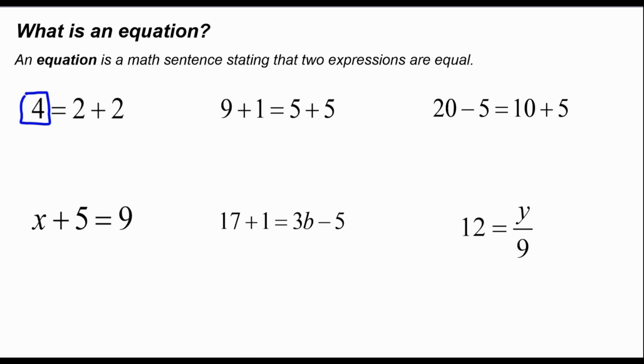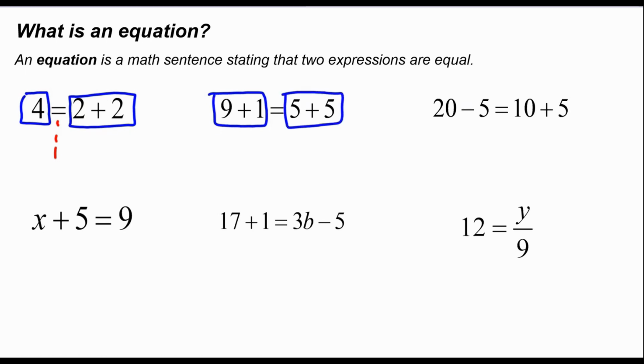So here is a numerical expression of 4, and on the right side of the equal sign is a numerical expression 2 plus 2. The equal sign simply says that the things on both sides of this equal sign are the same thing. So what's on the left side of the equal sign is the same as what's on the right side. So there are two sides to an equation, the left side and the right side.